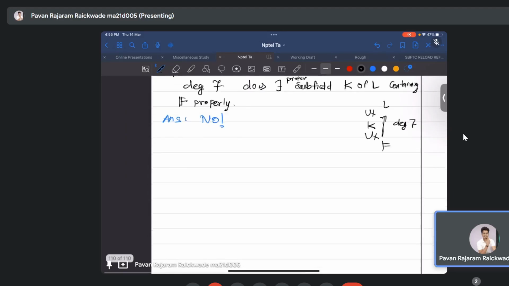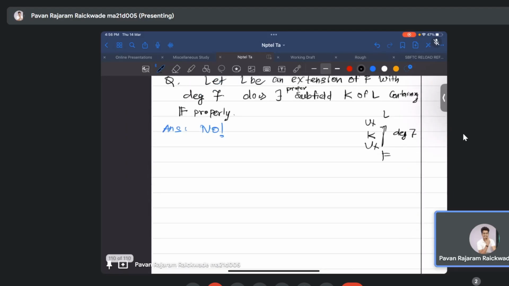Here's one thing. If you observe, how does C over R look like? First of all, a plus ib, right, where a, b belong to R. So basically, you're taking an element from the complex numbers and just writing it in this form, a polynomial in i over R of degree 2.